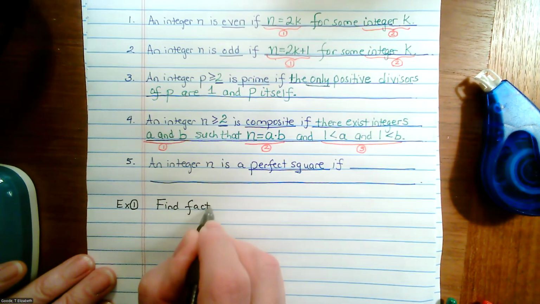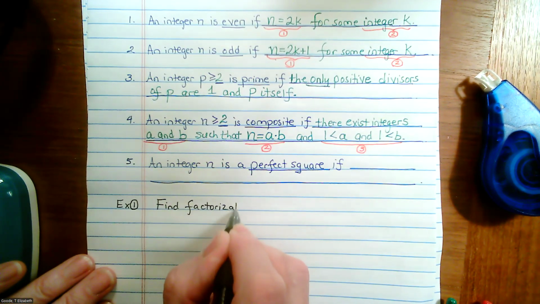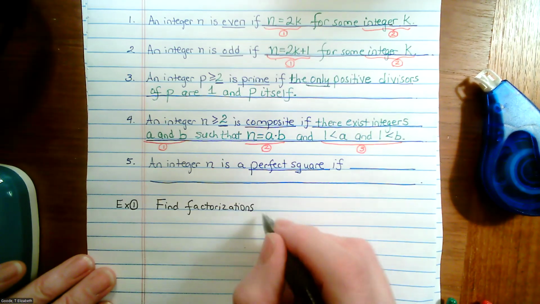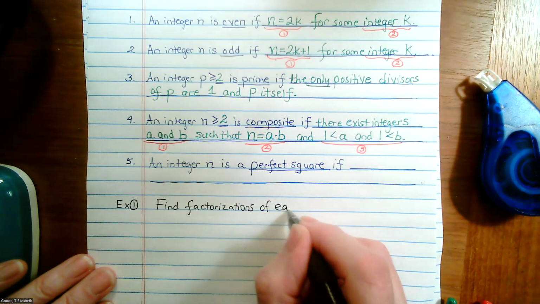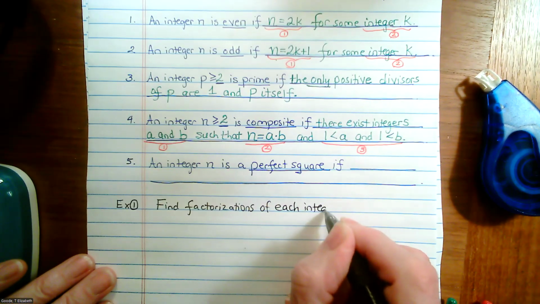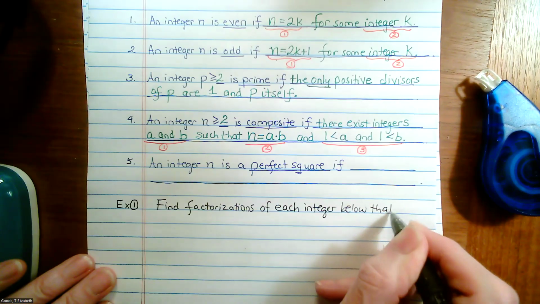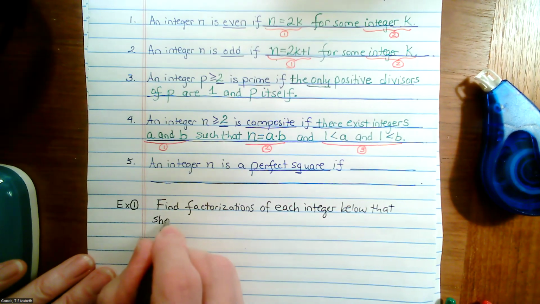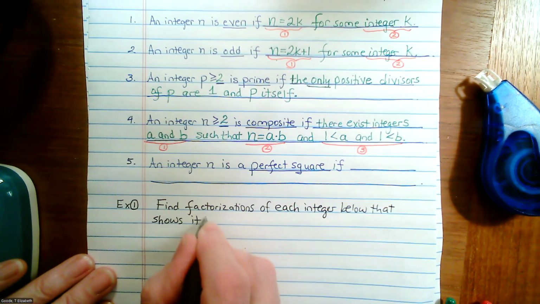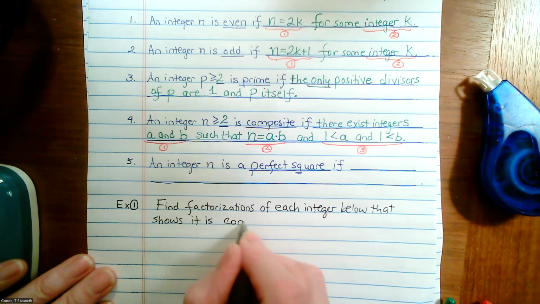Find factorizations of each integer below that shows it is composite.